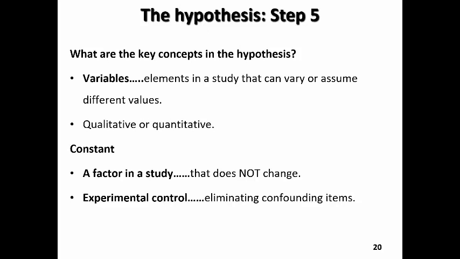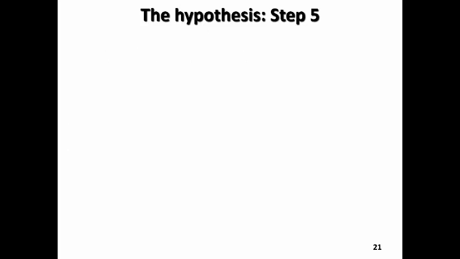So other elements that could affect the outcome of the study that would basically contaminate a study that we don't want in there. And so experimentally, there are ways to incorporate that control in order to arrive at valid conclusions.